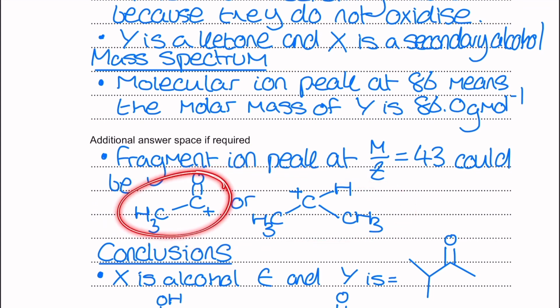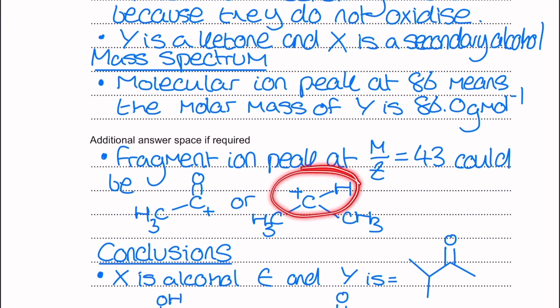This one is based on my knowledge that it's likely to be a ketone, and this is based on my knowledge of common alkyl fragments, which I've learnt in my study of the A-level, but particularly I could put a group on here for some branching, for instance, and that leads me towards one of the particular structures, E, from the list of molecules. So it could be either of these two just here.